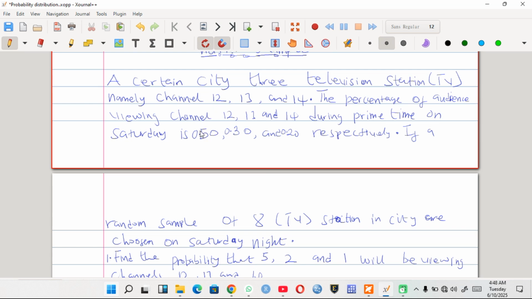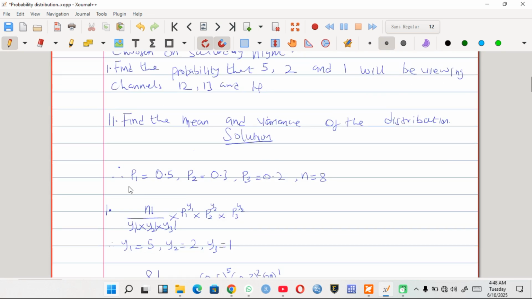That's the probability. And then channel 13 has 0.3 and channel 14 has 0.2. So this is telling us we have 3 outcomes, which we cannot solve using binomial, but rather have to use multinomial, right? So we just have our P1 to be 0.5, our P2 to be 0.3 and P3 to be 0.2, right?